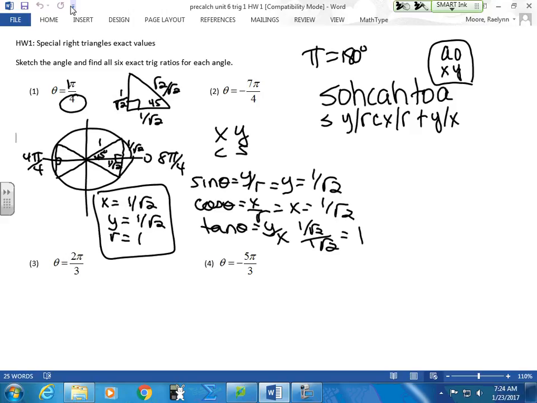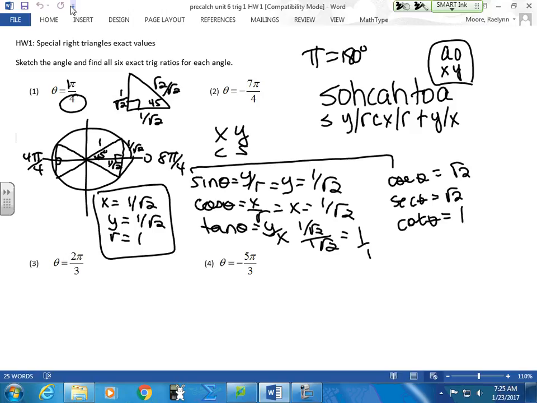Reciprocal. That's why not rationalizing this is so much nicer for you guys. Remember, this starts with the other letter. So what's the word that starts with the other letter? Cosecant. Good. Just flip that over. Leave me radical 2. Secant. And when this one flips over, it is still a 1. So those are your 6 trig functions.